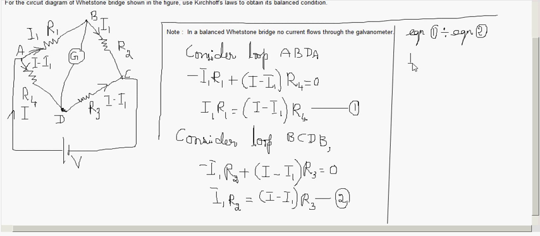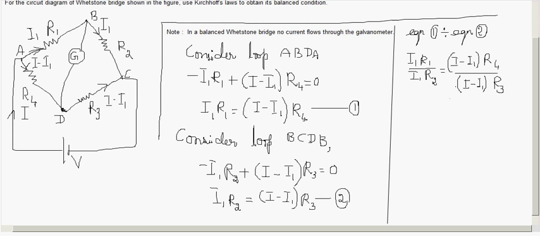Equation 1 by equation 2 gives I1 R1 divided by I1 R2 equal to I minus I1 into R4, sorry, not R2, R4, divided by I minus I1 into R3.